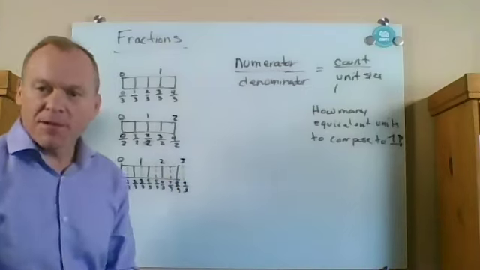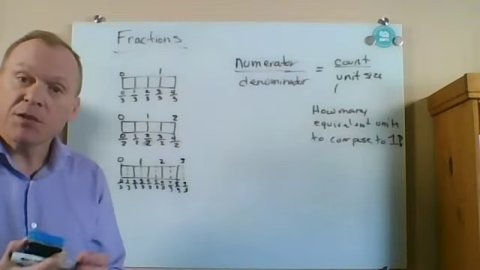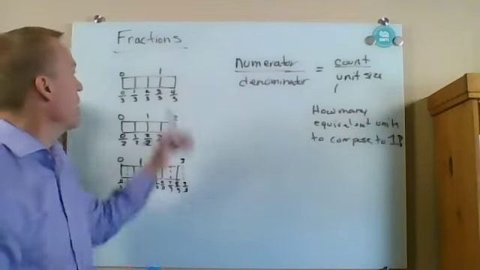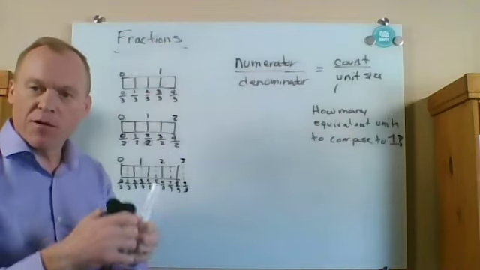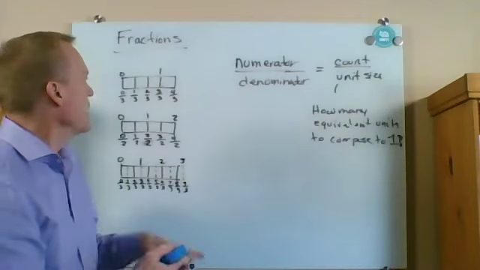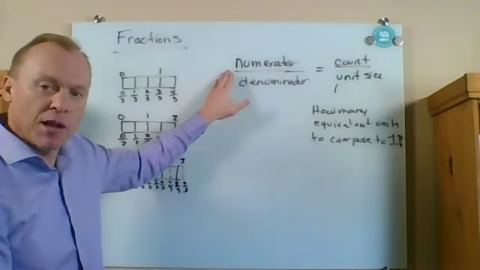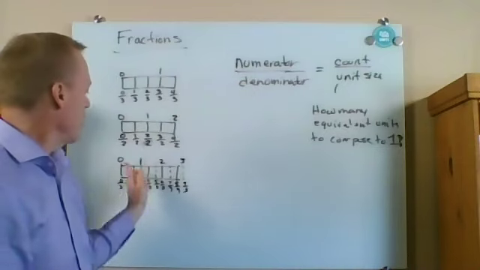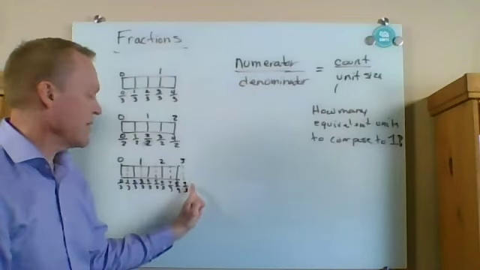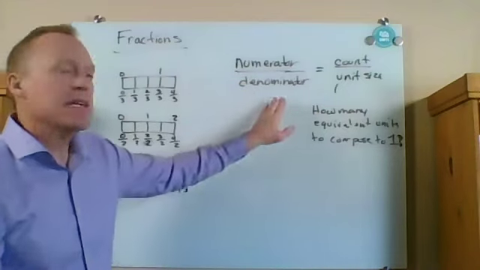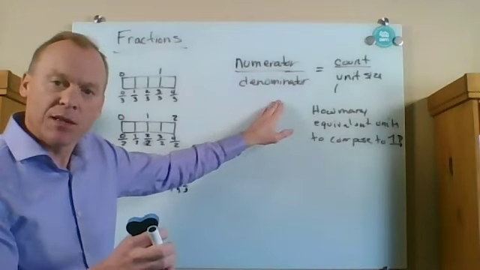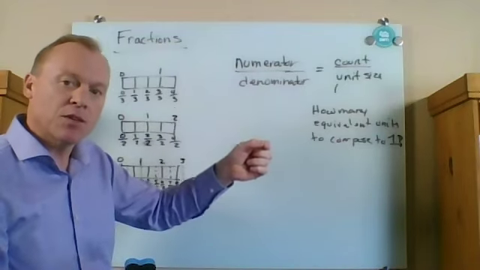So that wraps up a little explanation about what fractions are. So thinking about fractions, fraction comes from that word fracturing, breaking something, but it's breaking it into smaller equivalent units. If we think about the numerator as the count, always the count, 0, 1, 2, 3, 4, 5, 6, 7, 8, 9 here, but the denominator, what are we counting in? What size unit? How many smaller units to get to 1?